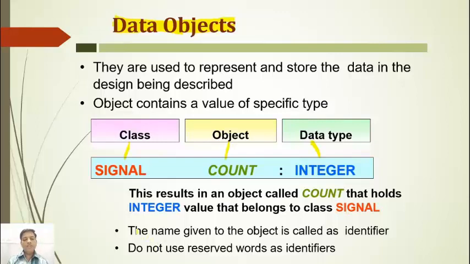The name given to the object is called the identifier. Do not use a reserved word as an identifier.